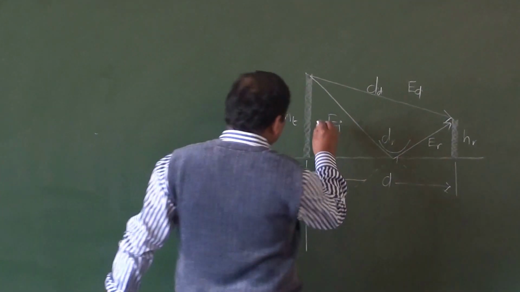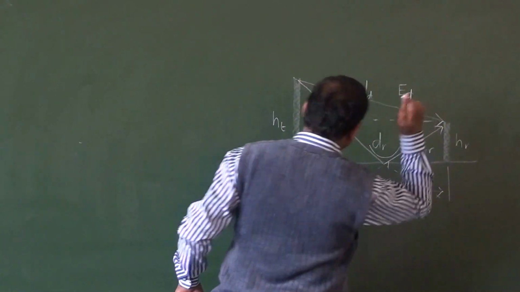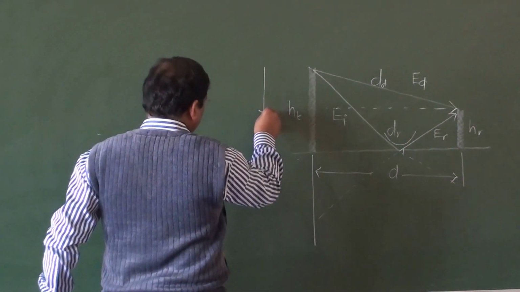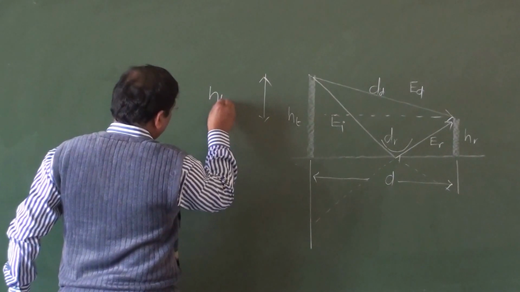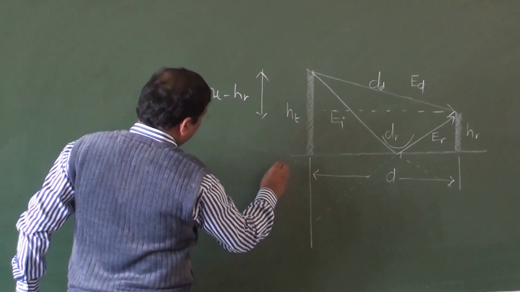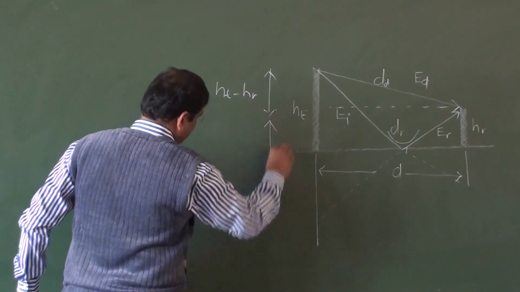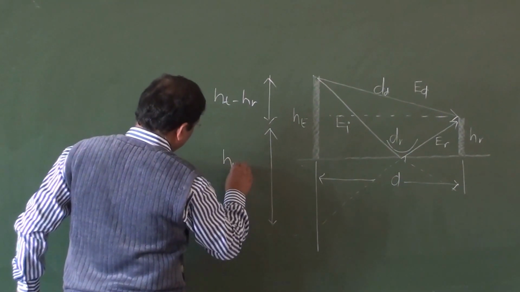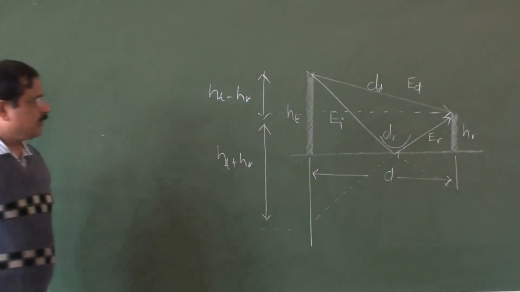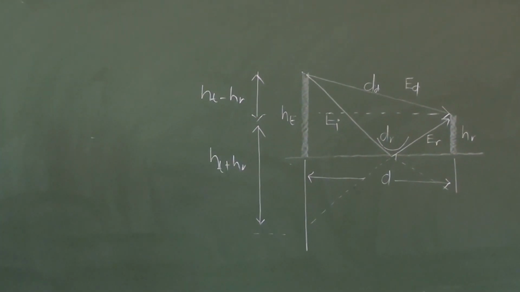For this, you have drawn a line here and indicated this particular point as HT minus HR and this point as HT plus HR. All these we are aware of.